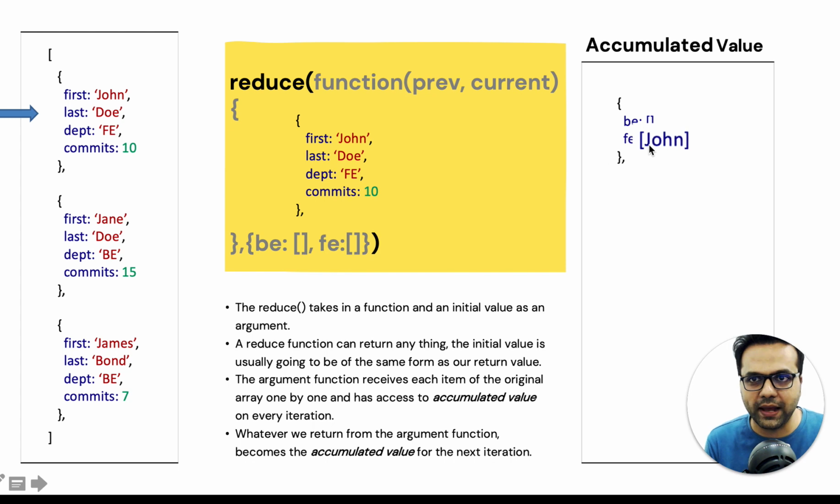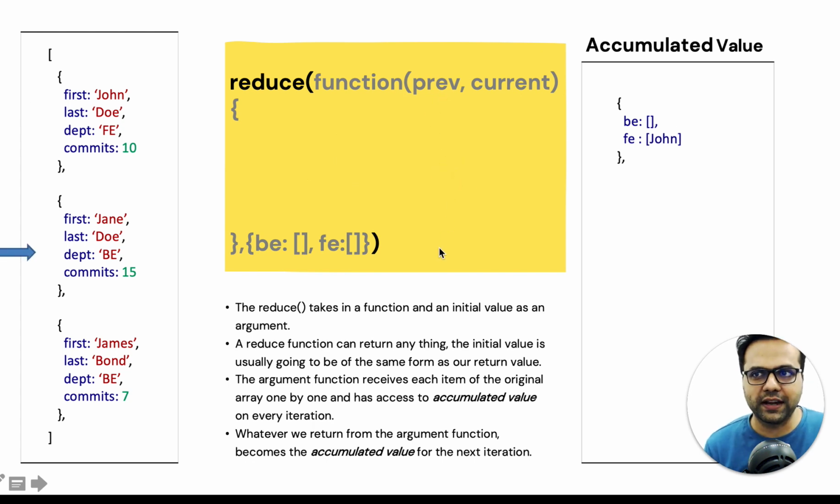So what will happen? It will return this object, but before returning this, it will push John to the frontend after checking that the department is frontend. So it returns this object, and this object naturally becomes the previous value for the next iteration. Okay.